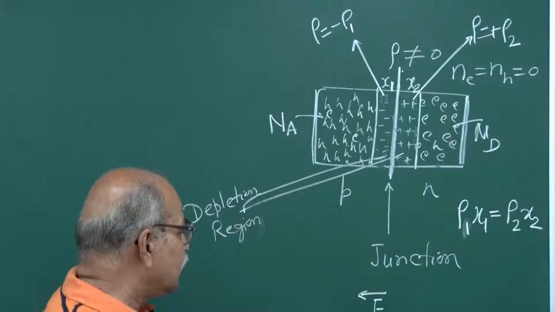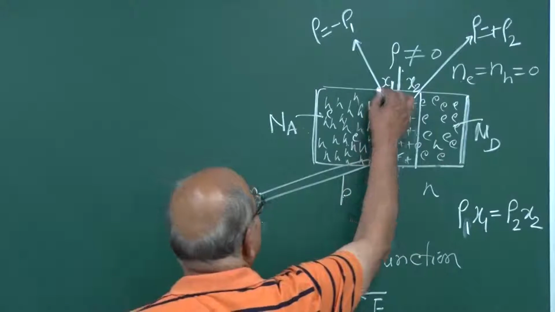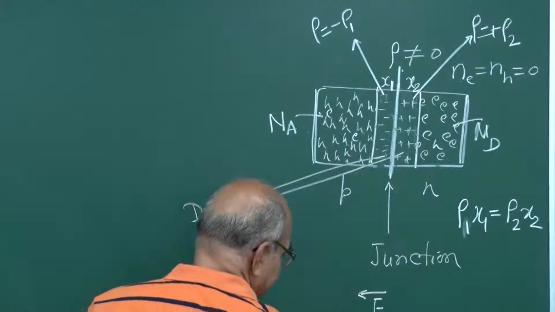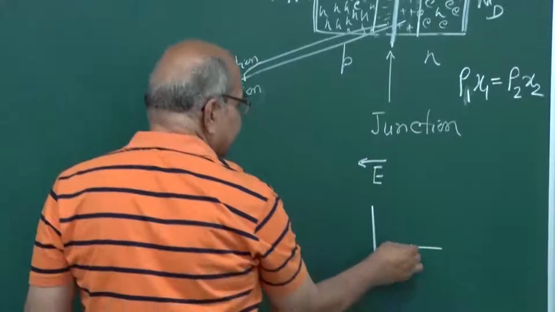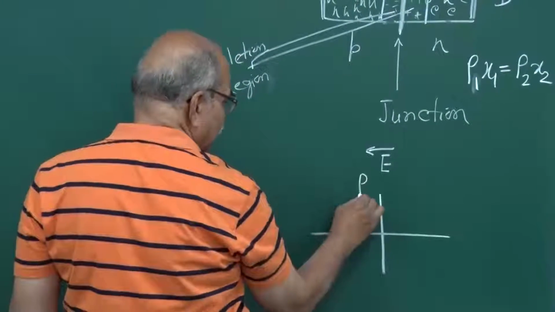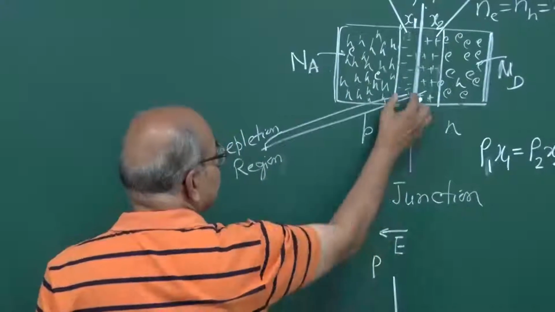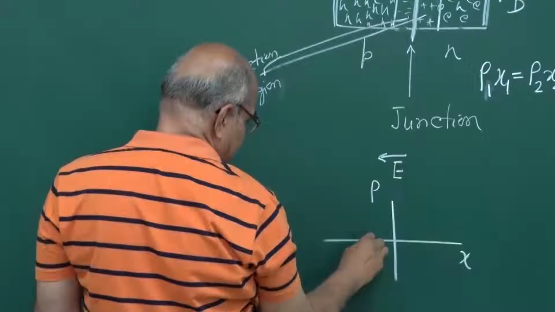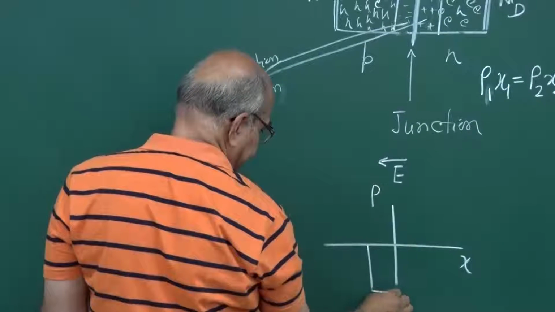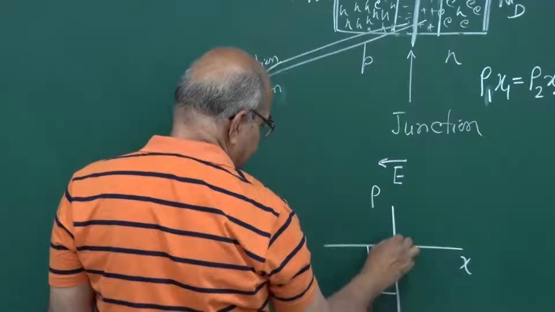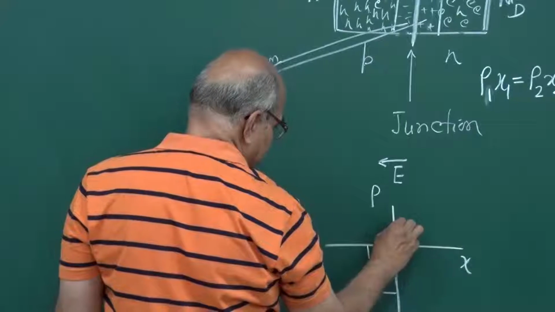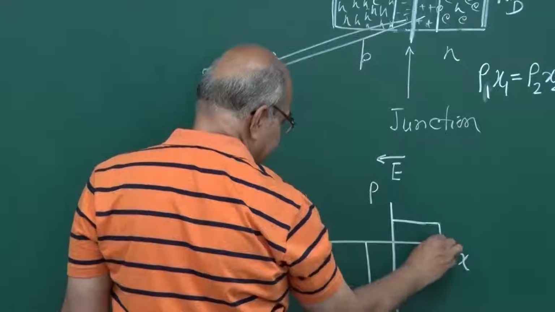This assumption of uniform charge density is not very bad in fact. If I plot rho here and x here, in this case you have negative charge, and in a smaller width I am showing, so it's like this, and this side is positive charge, and I am showing a larger width, so it's like this.